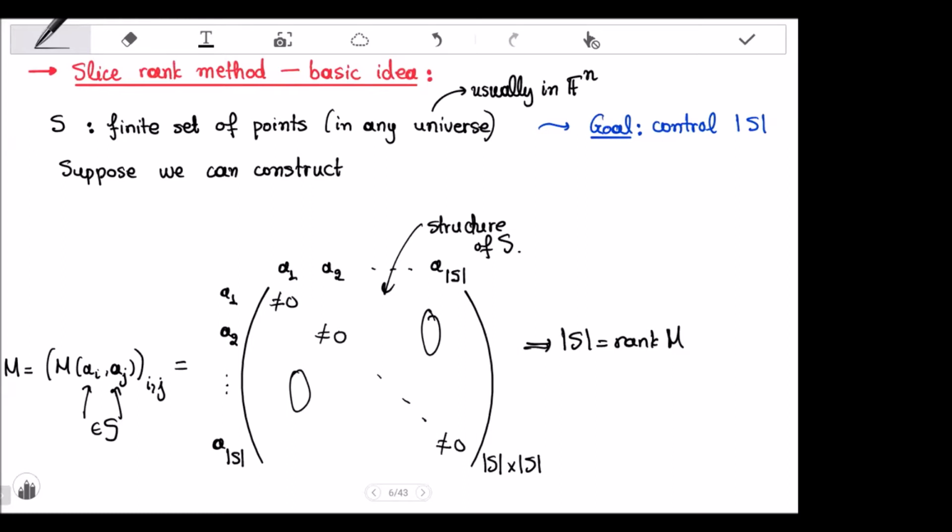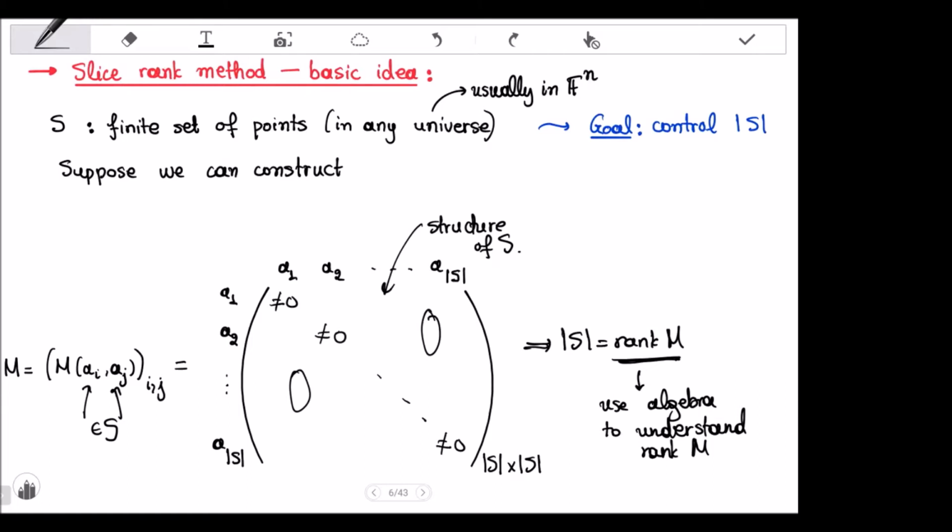So we express the size as the rank of something interesting. And now the next step is to use algebraic methods to understand this rank, to control this rank. So the structure of S falls inside the matrix, and then you try to use algebra and what rank means to understand this rank, to get bounds on this rank.